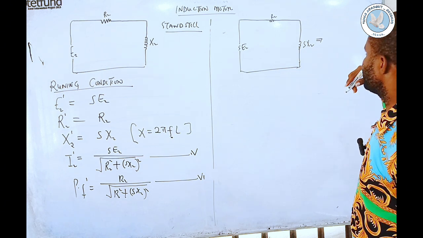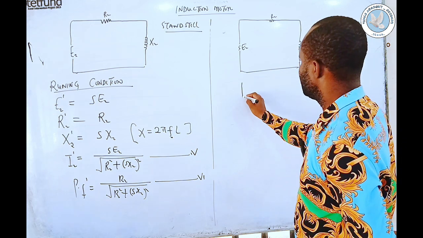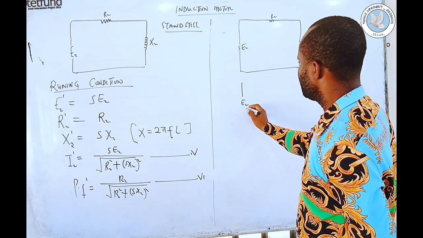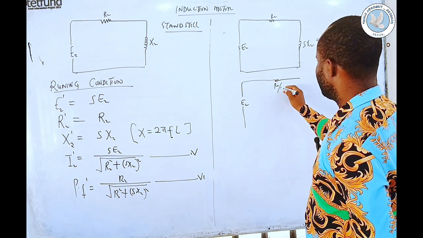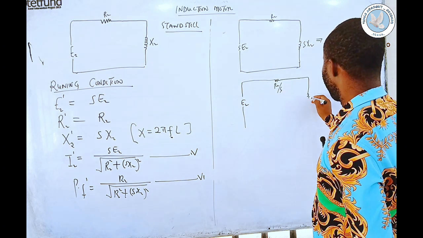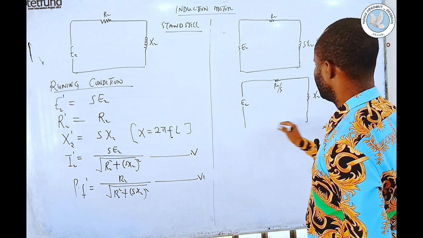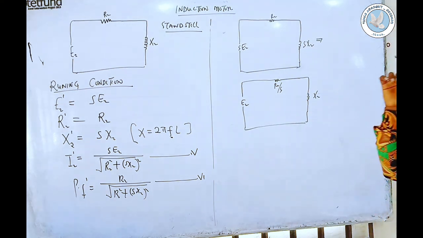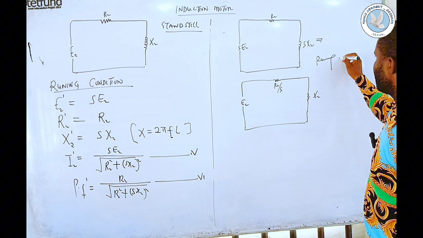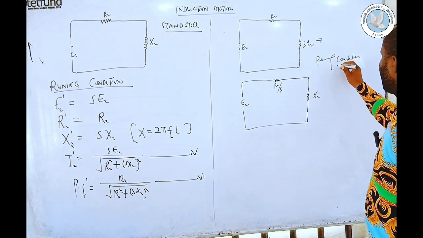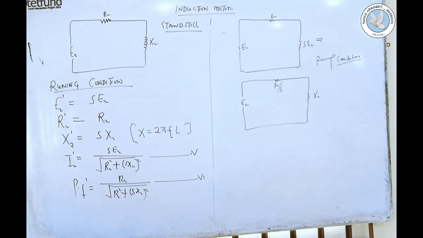This can further be expressed as this divided by S and this. So this is the representation of the rotor circuit at running condition.